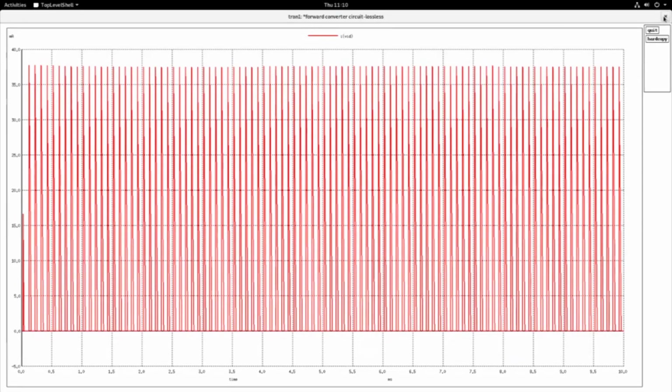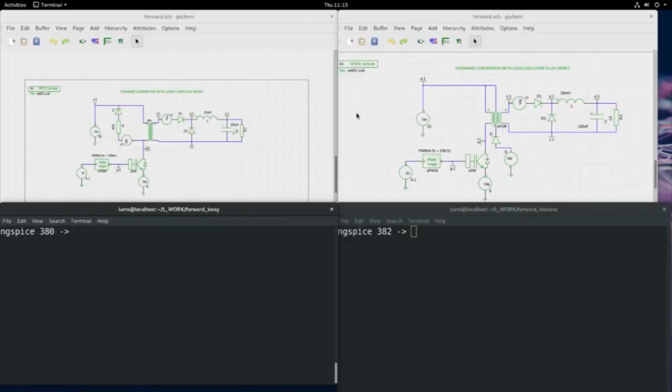So let me close this. I have on the screen now both the forward converters. On the left side you have the lossy forward converter with the diode resistor combination across the primary. On the right side I have the forward converter with the lossless core reset, where you have the demagnetizing winding in between here, which leads to lossless core flux reset.